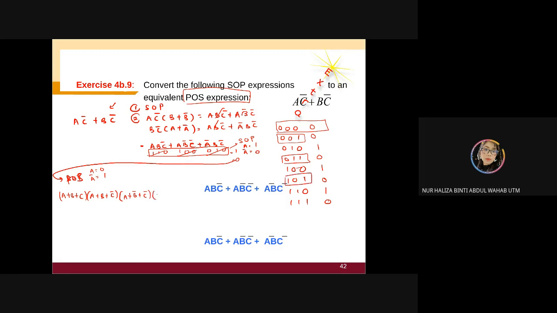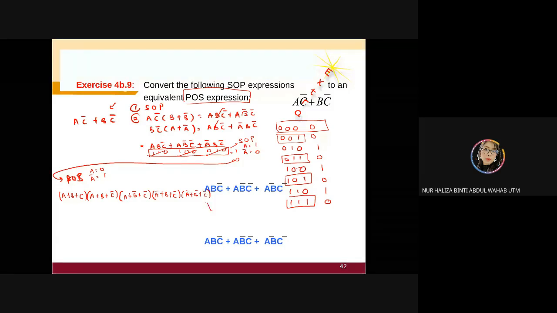Here, A bar plus B plus C bar. And last one, 1, 1, 1, I'm going to get A bar plus B bar plus C bar. So this is my POS.